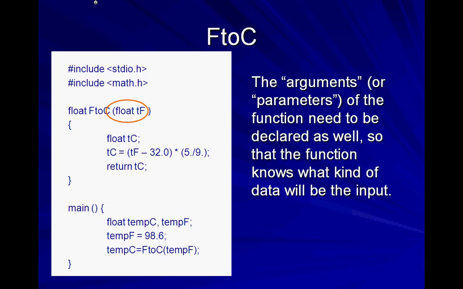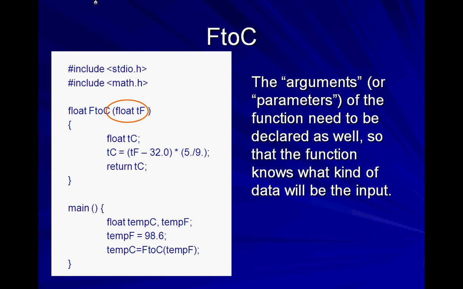So let's actually see what happens. We're going to start at the top of the main function. Oh yeah, main is actually, strictly speaking, a function here. And we're going to say, okay, we declared two variables, tempC and tempF. tempF, we're going to say 98.6. tempC, we'll say, is equal to FtoC of tempF.